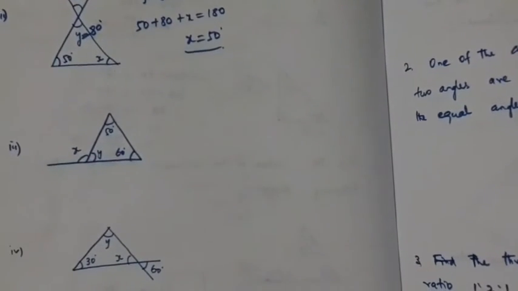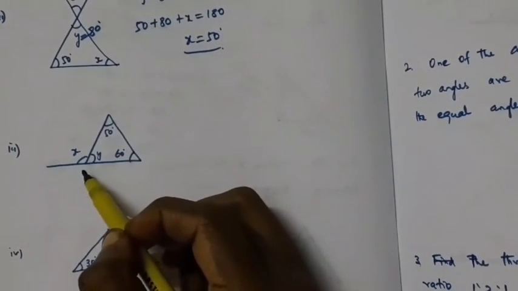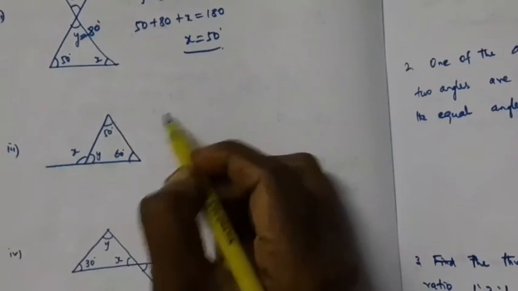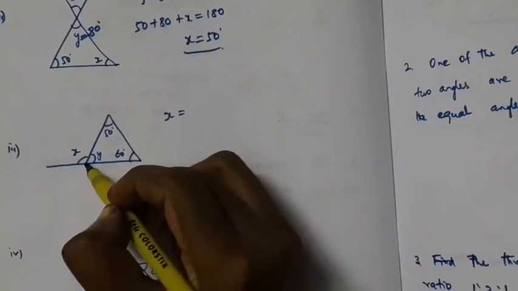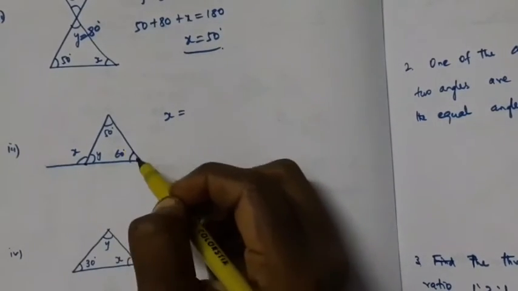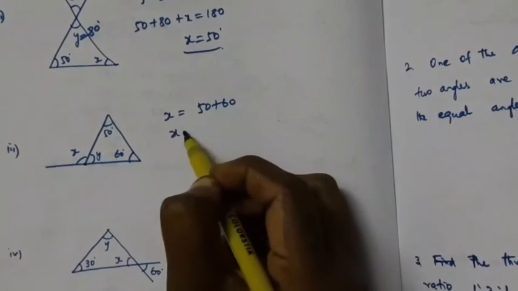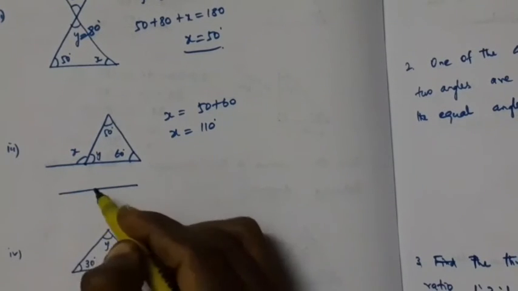So in this problem we have to find this x and y. Okay, so x is the exterior angle, that will be equal to the sum of its interior opposite angles, which is 50 plus 60. So x is 110. Now this is a straight line.